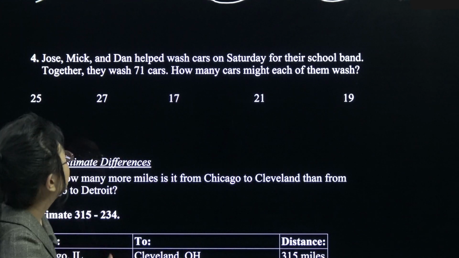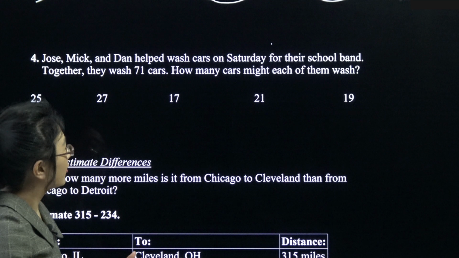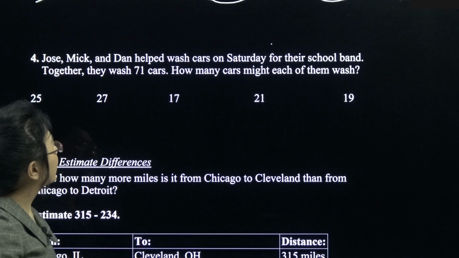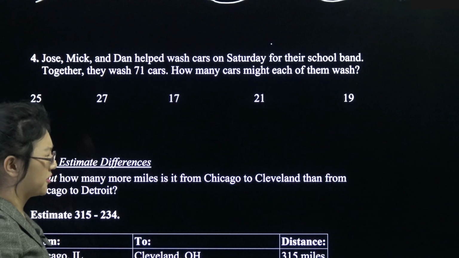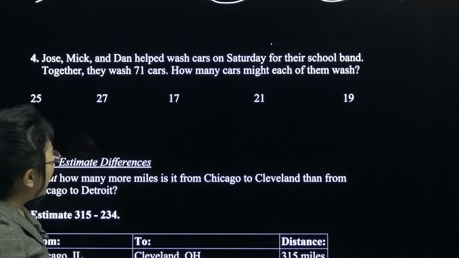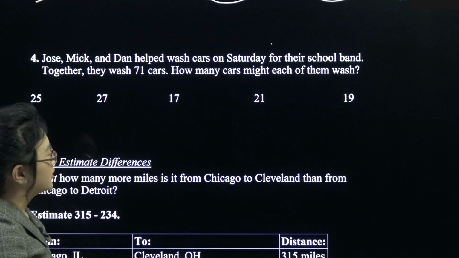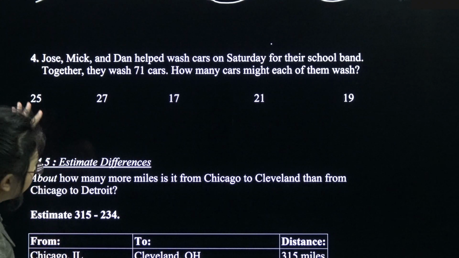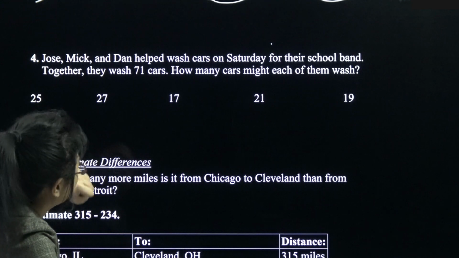Mick and Dan helped wash cars on Saturday for their school band. Together, they wash 71 cars. Oh, that's a lot of cars coming to a car wash. How many cars might each of them wash? Okay, here, we're supposed to pick 3 different numbers.